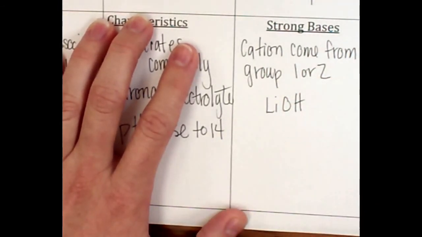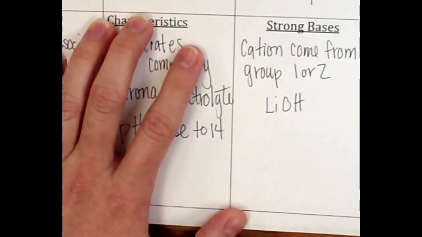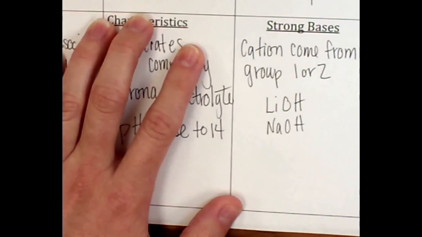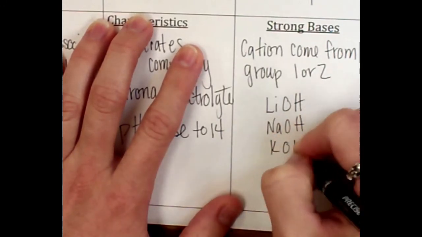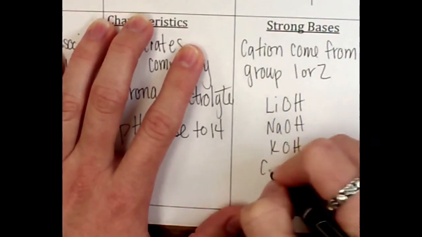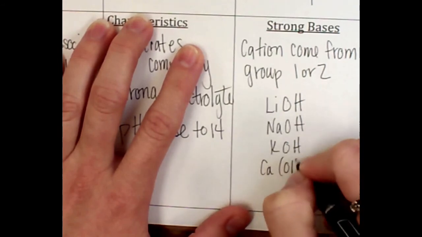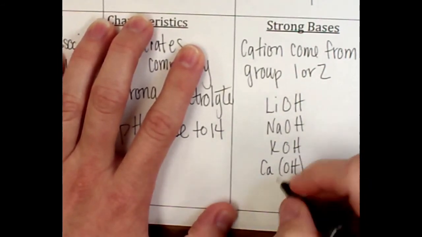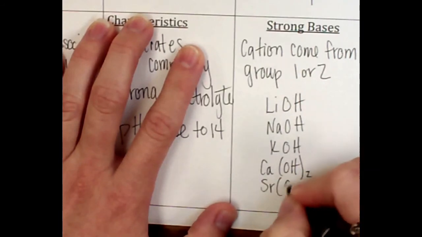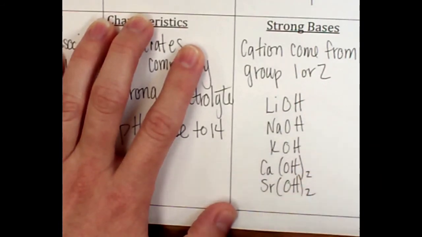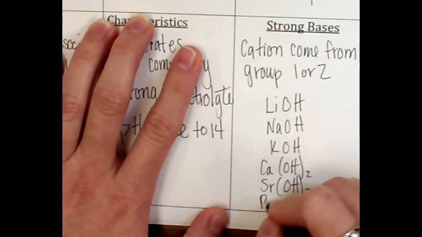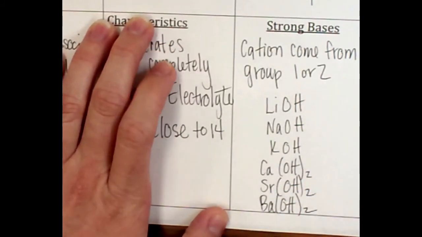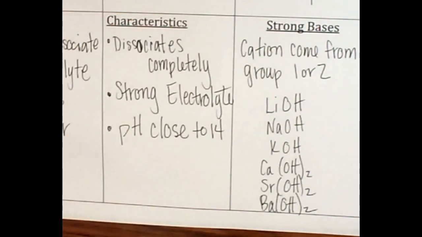Li is in group 1. Then NaOH, another from group 1, KOH. Ca(OH)2 is in group 2, so we're also good. Then Sr(OH)2 and Ba(OH)2. Any of those from group 1 or 2.